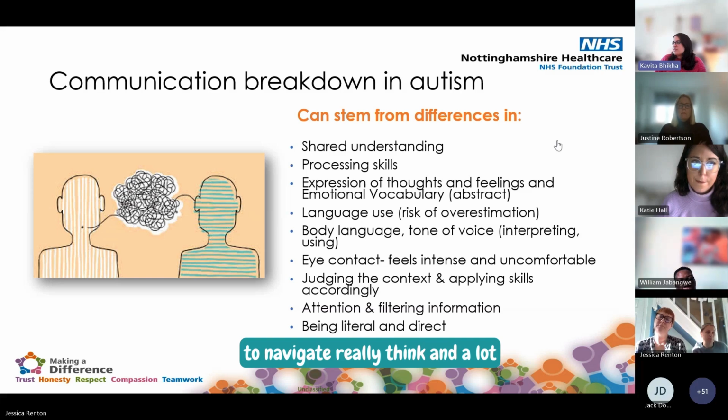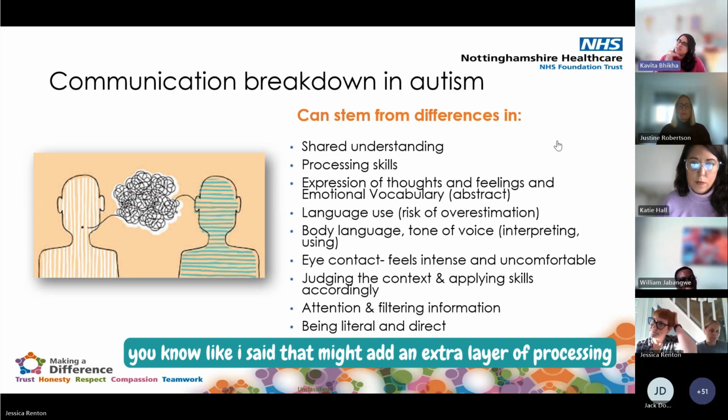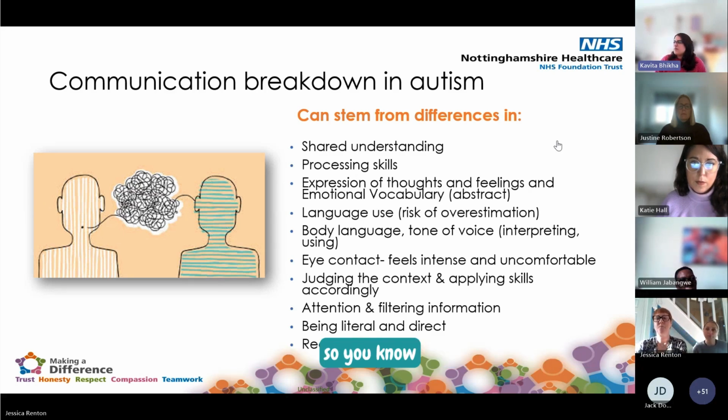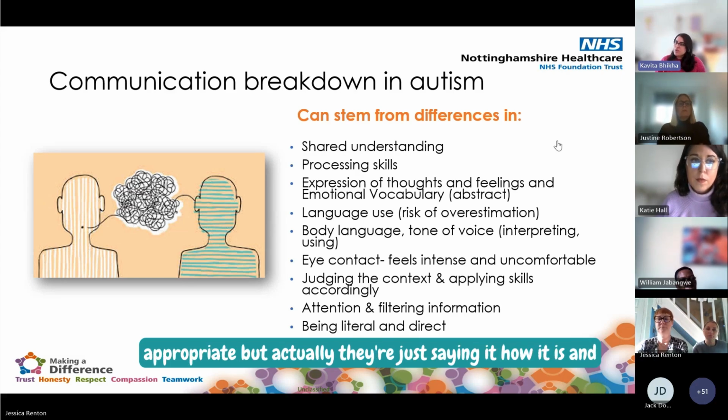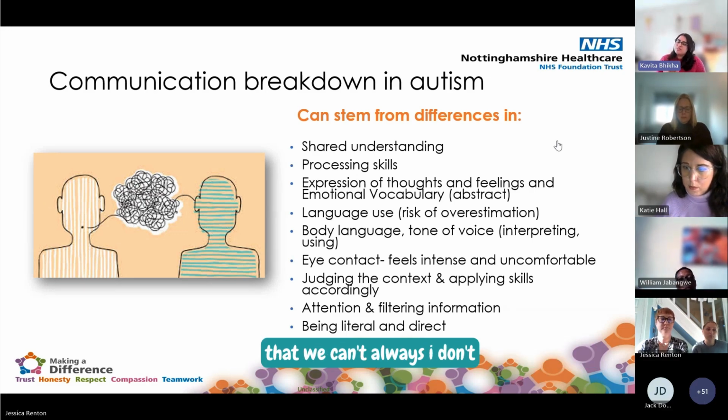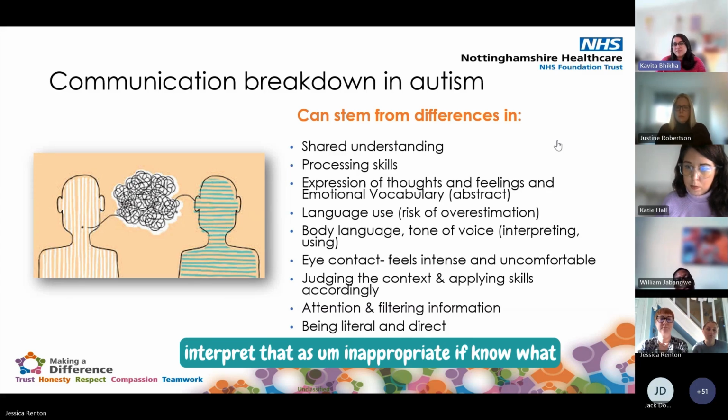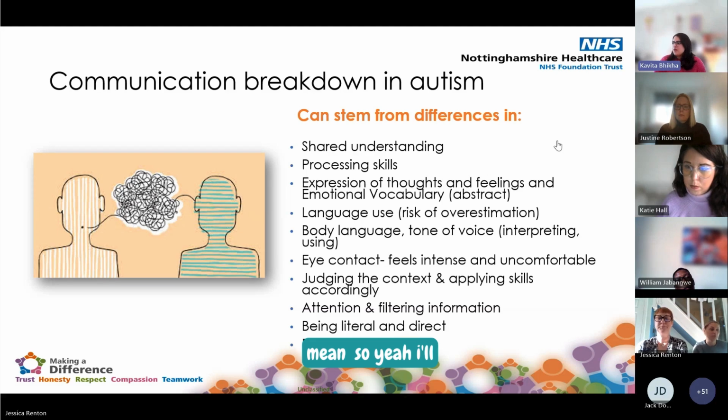A lot of non-autistic people might use a lot of small talk or fluffy words to cushion certain topics, to make them more palatable or to build rapport with people. But equally, that might add an extra layer of processing. If someone says something in a more direct way, it's seen as not appropriate, but actually they're just saying it how it is, and we can't always interpret that as inappropriate, if you know what I mean.